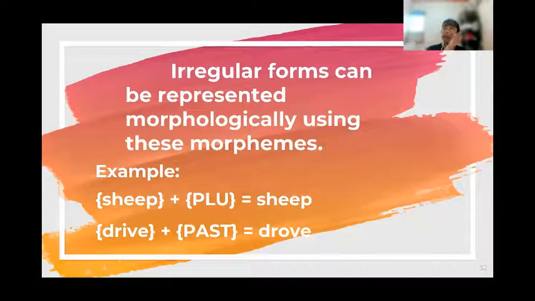So as I have said earlier, you also have to review on your own the irregular forms, like the irregular forms of verbs and adjectives. So for example, sheep plus pluralizer is equal to sheep. So it's not sheeps because in English grammar, the plural form of sheep is still sheep.